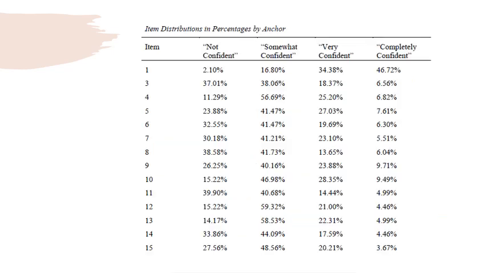Here you can see the item distributions, percentages by each of the anchors that I had. So if you see some of the items, you can see how they spread across. To have sensitivity, you do want to see that you have respondents in each of the different columns, and that you don't want a majority of the people to cluster in one specific area.